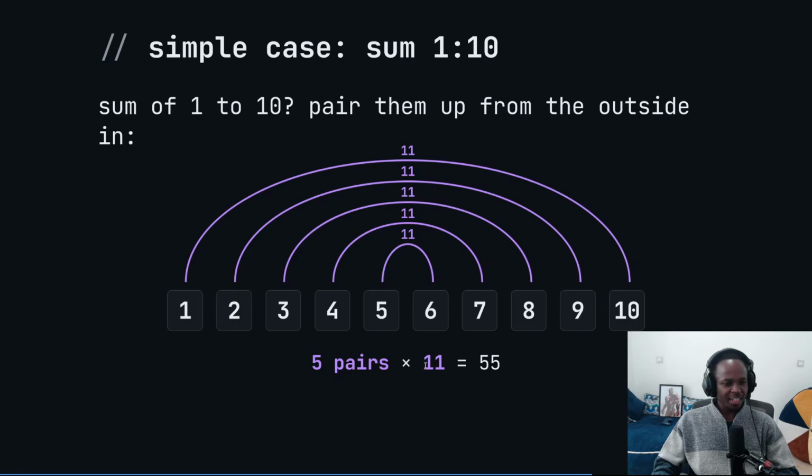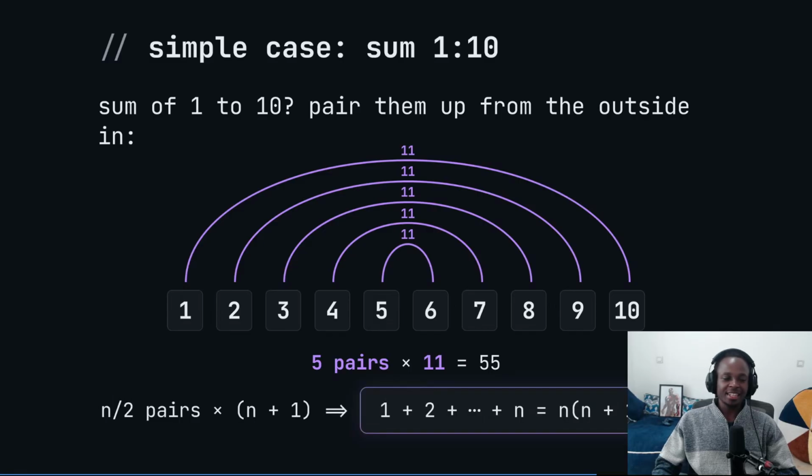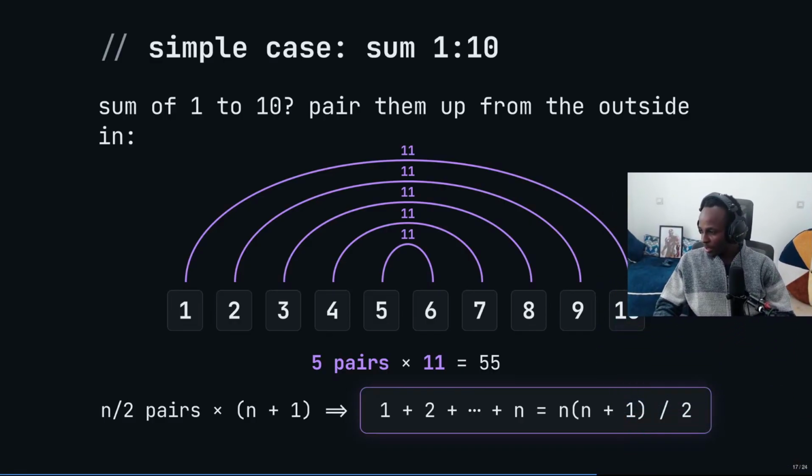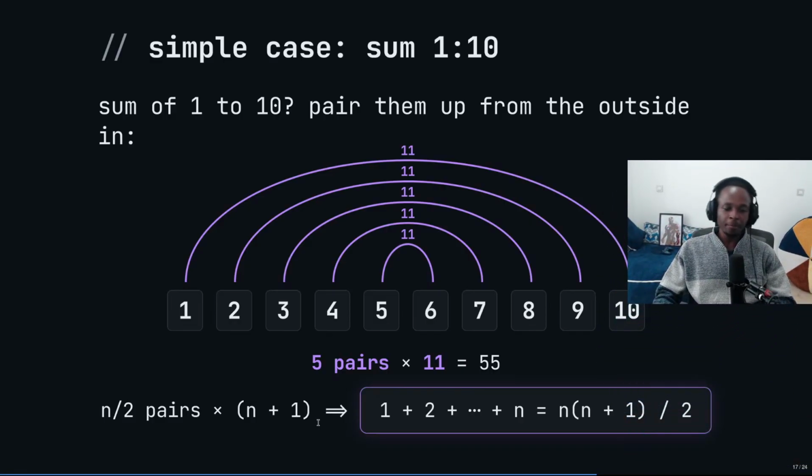And then when you look at the summation, 11, is there a relationship between the 10 and 11? Yes, that's just 10 plus 1. So it turns out that this formula generalizes. Actually, let me move myself over a bit so that you see that. We said we take n over 2 pairs, 10 over 2, which is 5, multiplied by n plus 1, which is 10 plus 1.